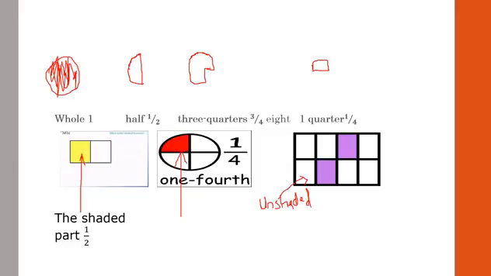Unshaded area, you can say 6 over how many are there? There are 8 there. So the shaded one, you can regard it as 2 over 8. That is how this one is represented.